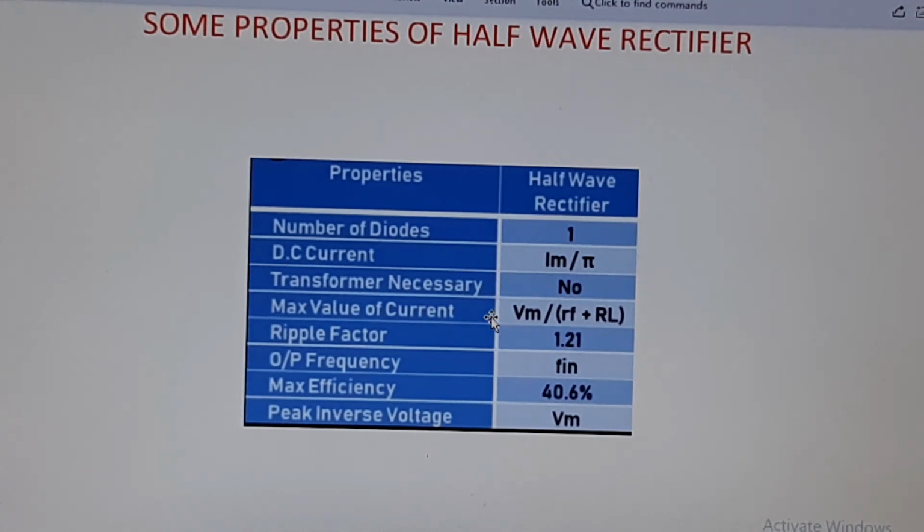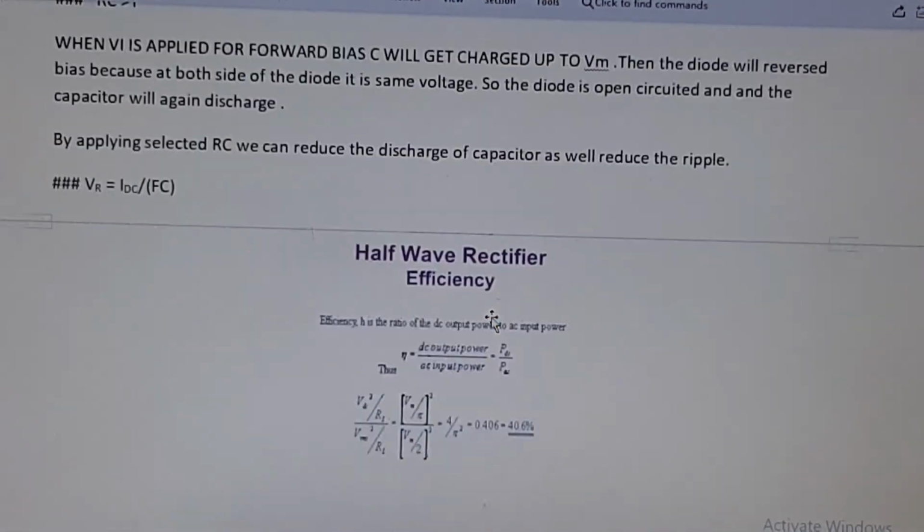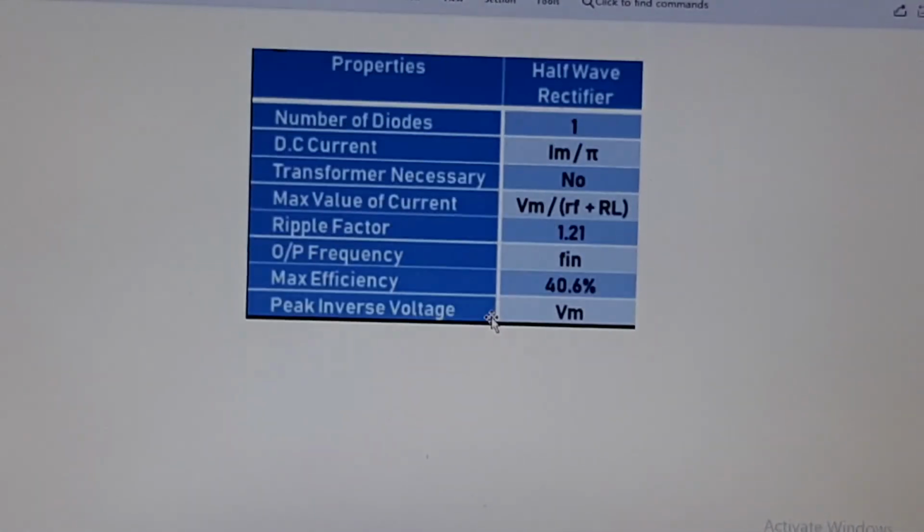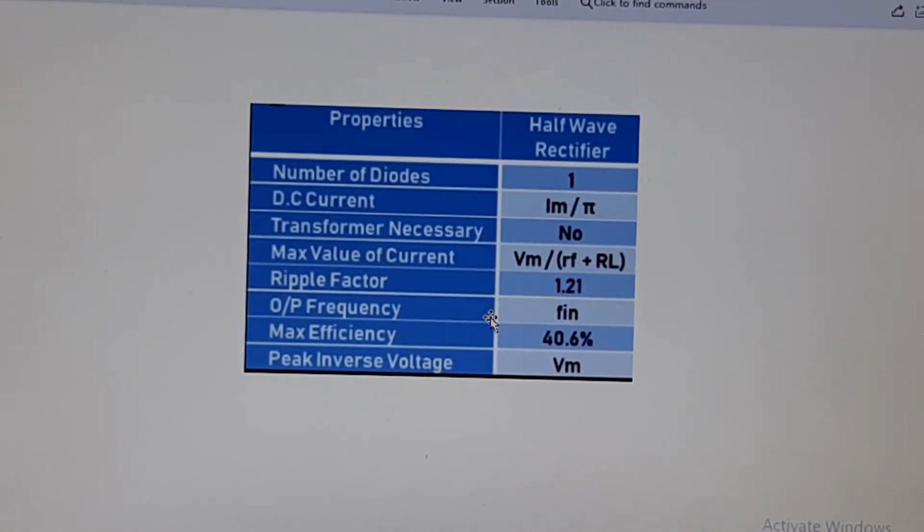The ripple factor we discussed here will be 1.21. The output frequency is the same as the input frequency, the maximum efficiency is 40.6%, and the peak inverse voltage, that is PIV, is Vm. That's all for the half-wave rectifier.